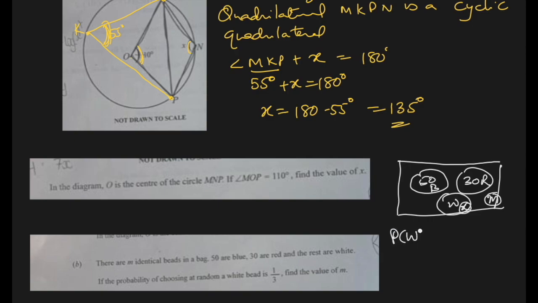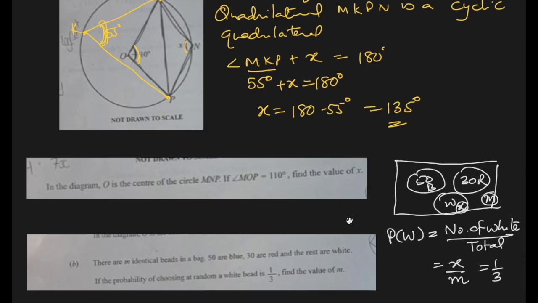Probability of white will be number of white beads divided by total number of beads, correct? Which is x divided by m. And they said it is 1/3. And this fact will help us to find m. Yeah, they're asking m. x is not their interest.